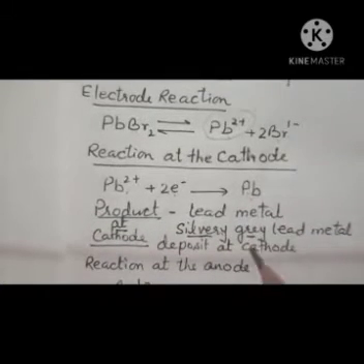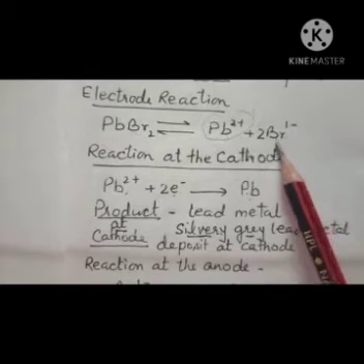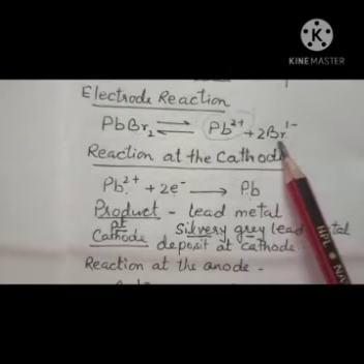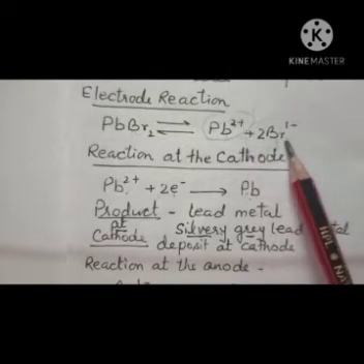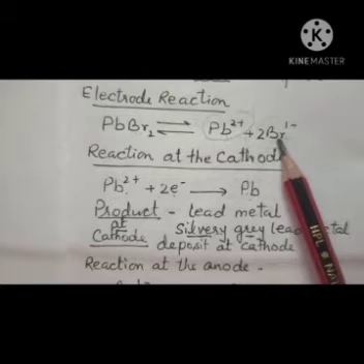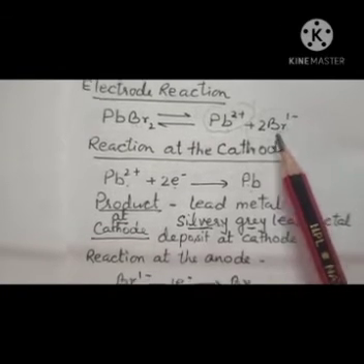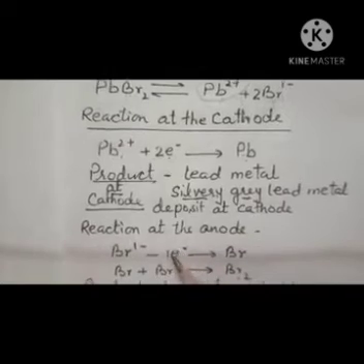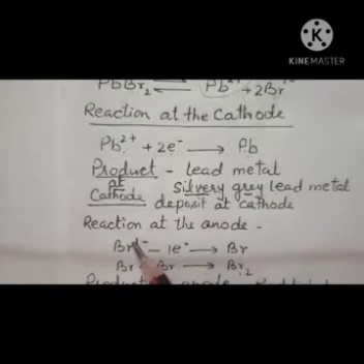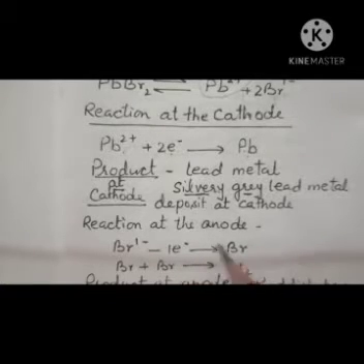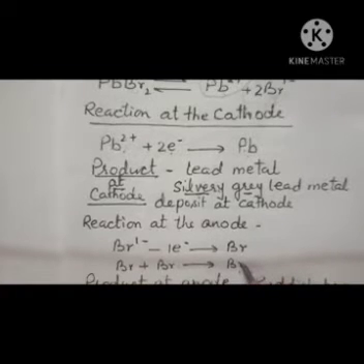Okay, now next, the negative bromide ions will migrate towards the anode. So what is the reaction at the anode? When bromide ions are discharged at the anode, they lose 1 electron and convert into a bromine atom. Now 2 bromine atoms combine and form a bromine molecule.